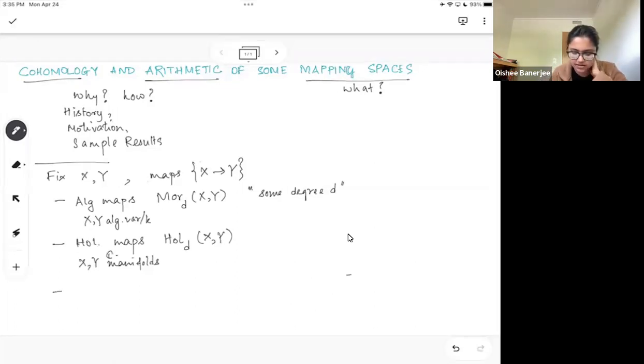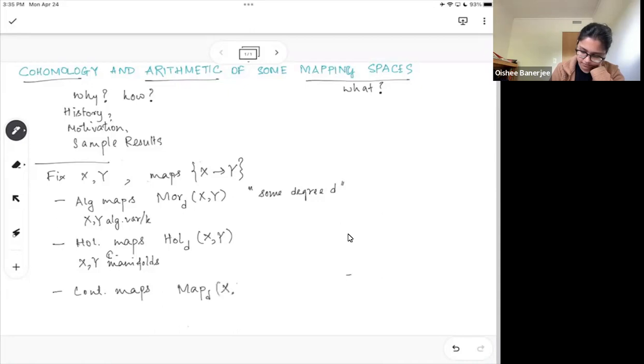Much less appearance the space will make, but it's equally important, is the space of continuous maps, which we will typically denote by Map. And as you can see, all of these have some notion of degree, which will become apparent soon.